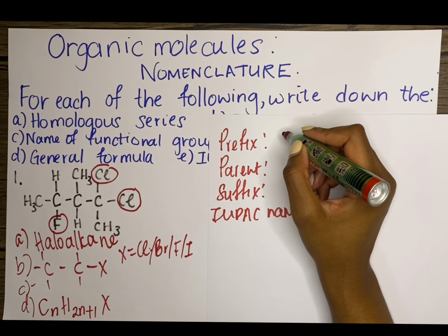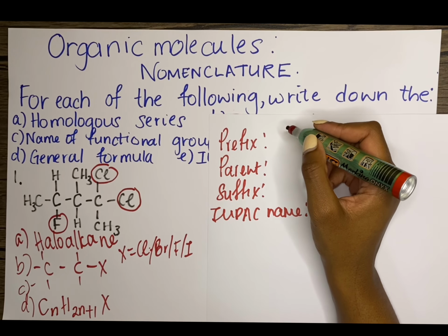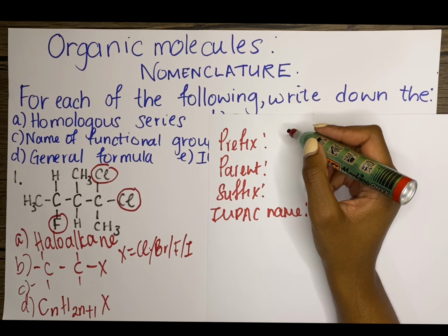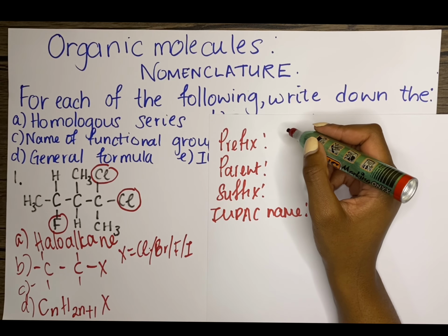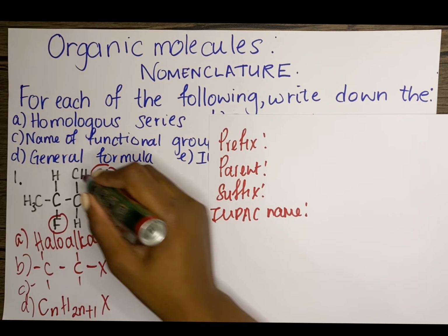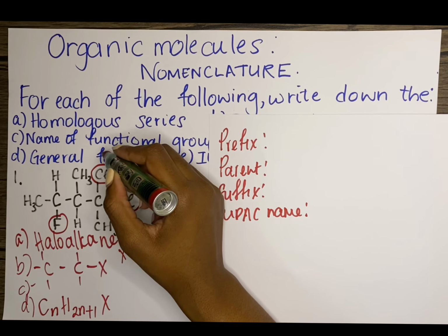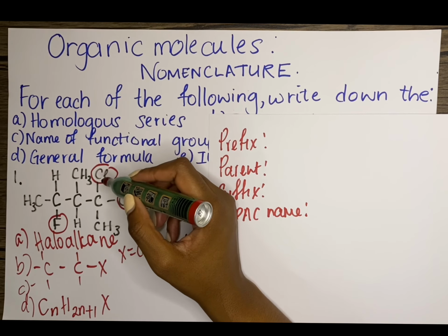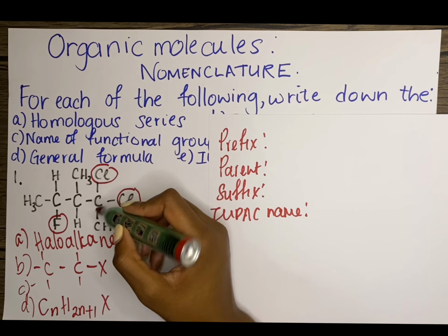So the prefix are your substituents. So you're gonna have to identify or find the longest chain and then number it correctly. So remember, these substituents are chlorines and the alkyl groups, which means you number to give the lowest number possible to the substituents. So let's check.